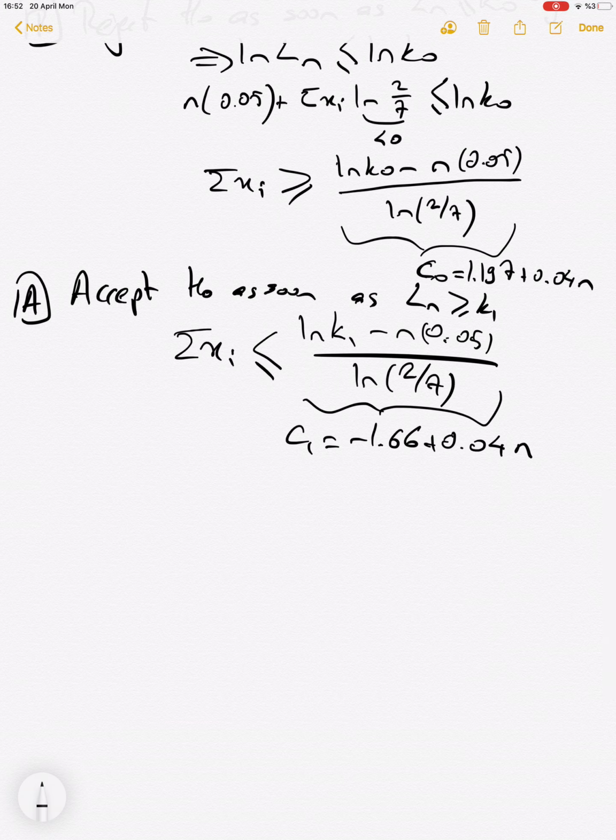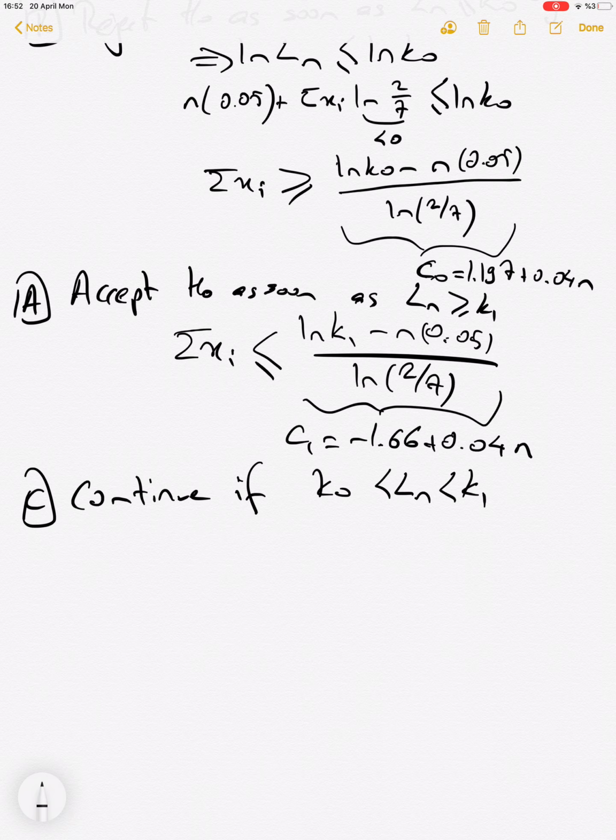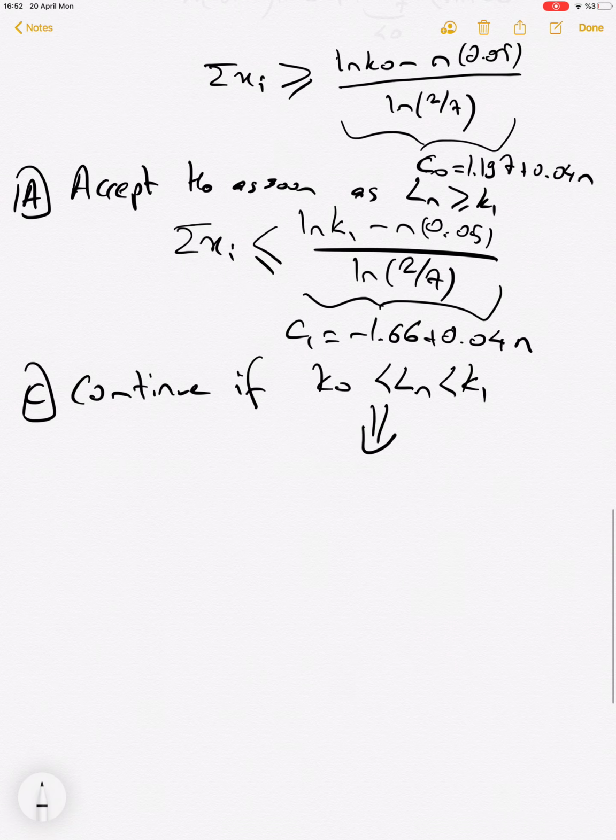As you can guess from the numbers, c1 will be the lower bound and c0 will be the upper bound for the continue case. So continue if k1 is less than L sub n and less than k0, but from here, tests should be based on some test statistic.